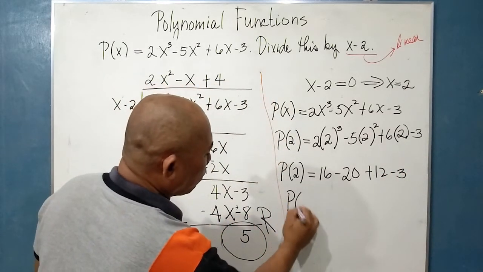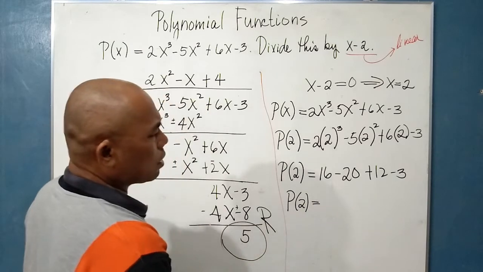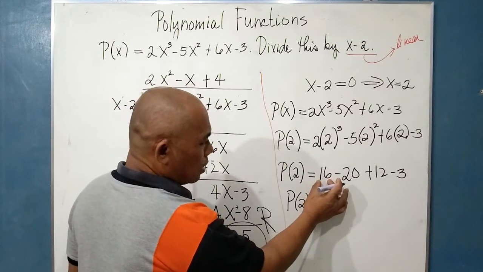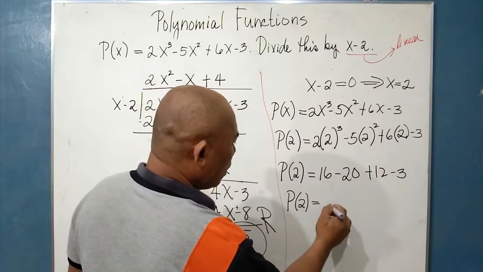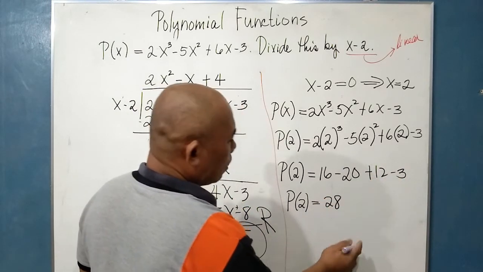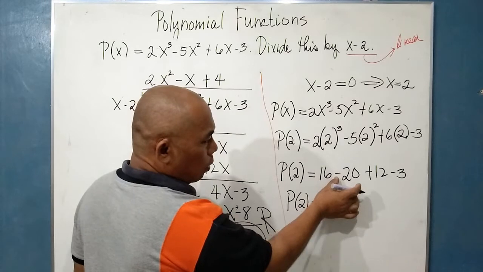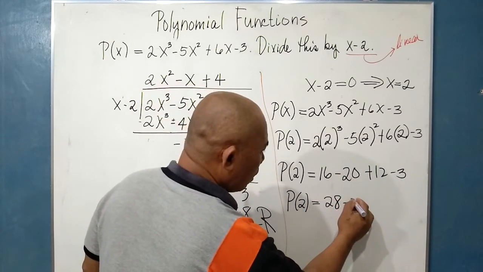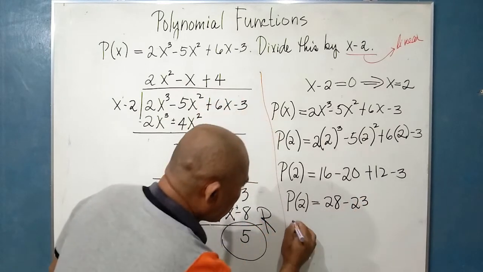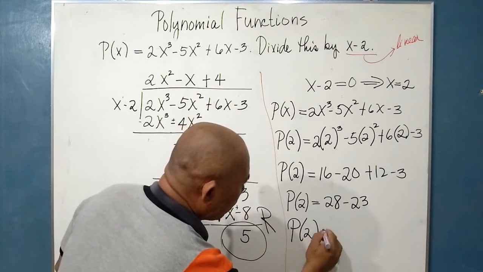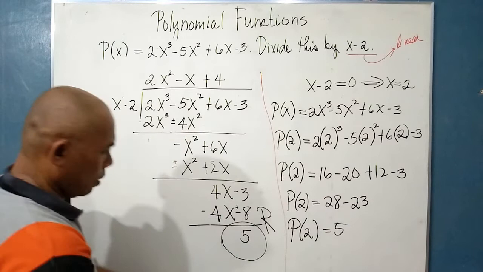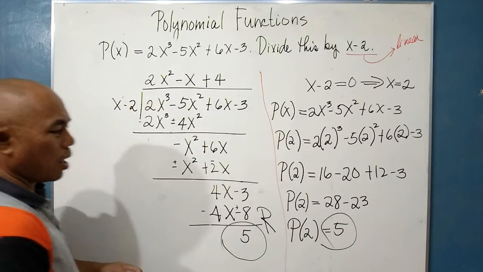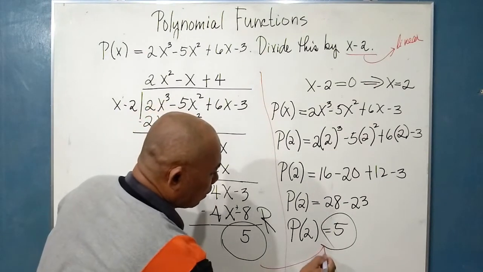So, P of 2 equals, pila man eh? Para dili maglibog, kana siya 16 plus 12, that is 28. Then, negative 20 and negative 3, that is negative 23. So, P of 2 equals 5. So, atong makita nga pareho ang ilahang resulta.